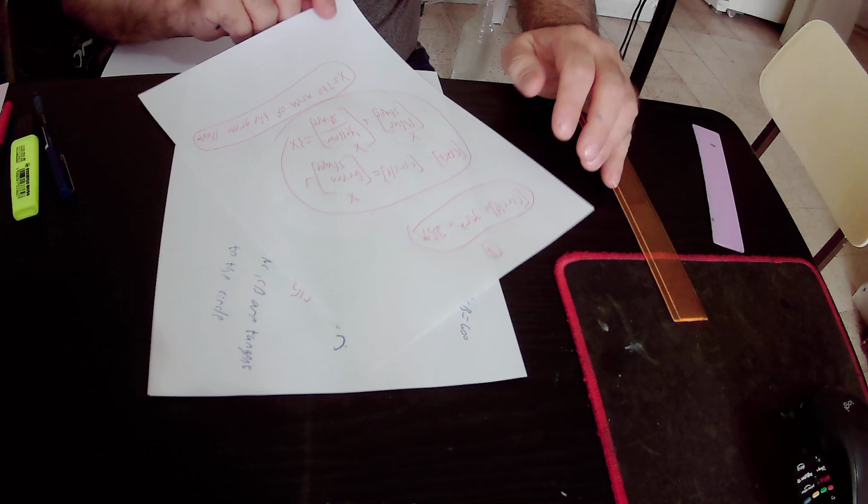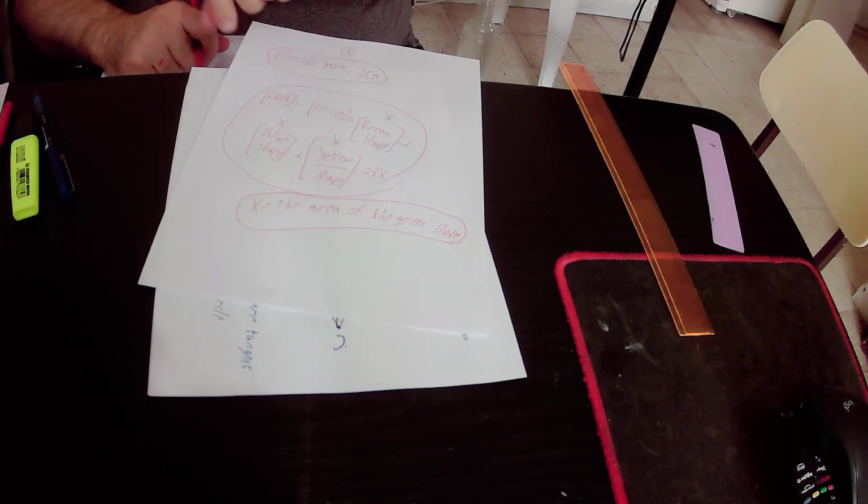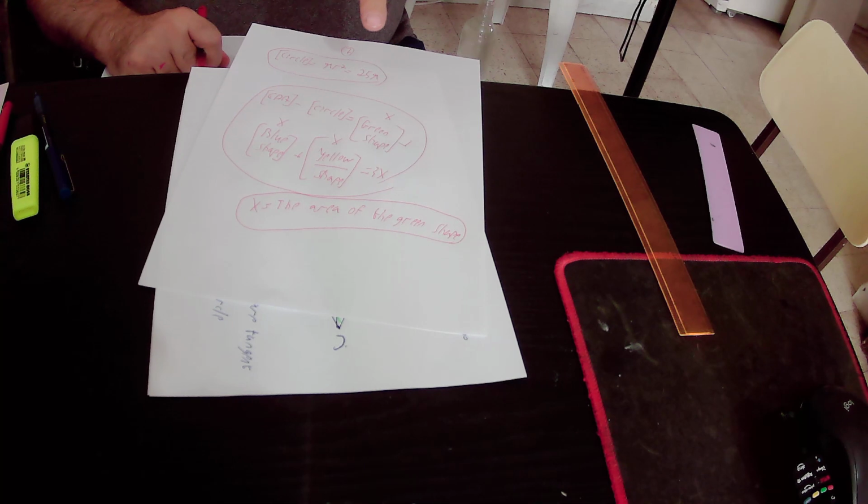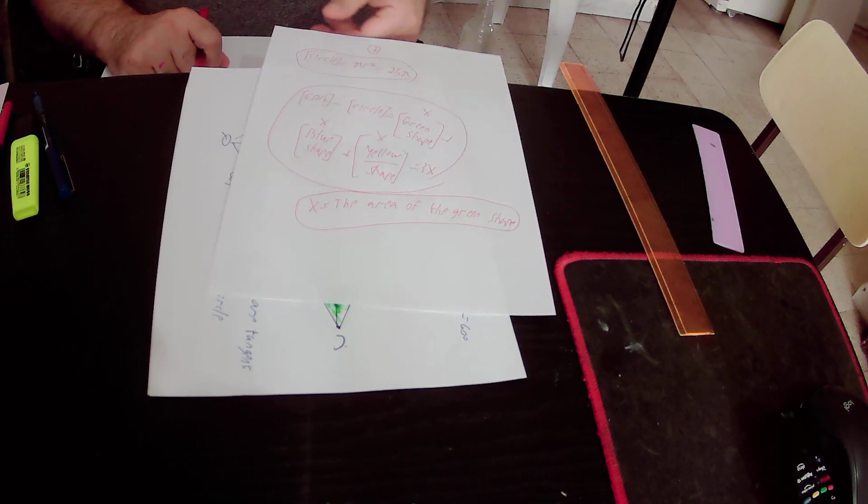Okay, x plus x plus x is 3x, but we want to find only the area of the green shape, that is x, so we will have to divide this expression by 3 in order to get the value of x, because 3x over 3 is x.